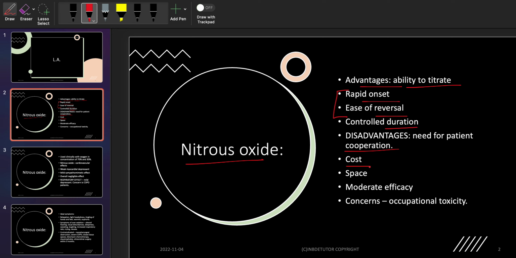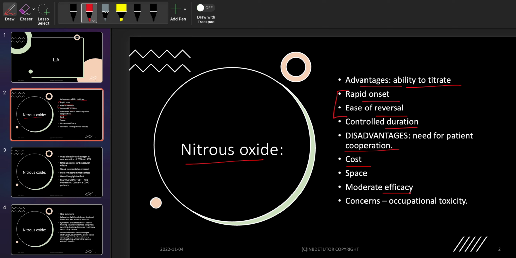Space, you need two cylinders to provide nitrous oxide. You need one nitrous oxide cylinder, and the other cylinder that you need is oxygen, because nitrous oxide has a capacity to replace gases in the body system. So to prevent 100% nitrous oxide in the body, we have to keep supplementing with oxygen.